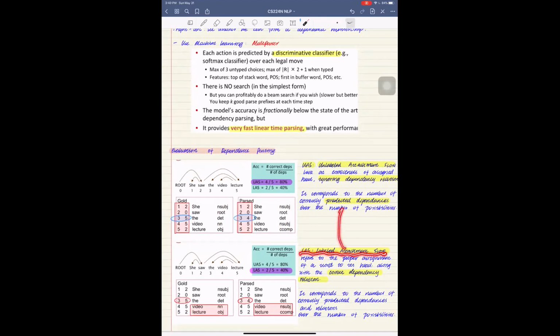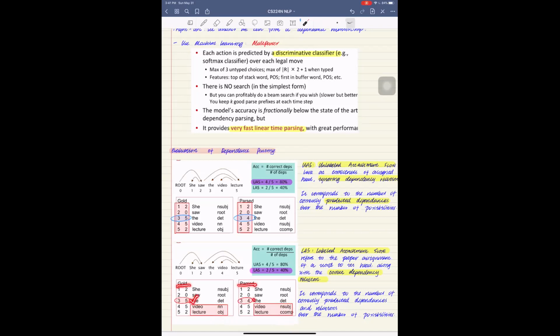This is pretty much like UAS, but on top of that, we not only care about the correctness of the assigned head, but also about the correct dependency relation. That is, we also look at whether the part of speech tags or the dependency relationships are right or not, mainly this part. If you look at those two tables, that's the right one, that's the wrong one.